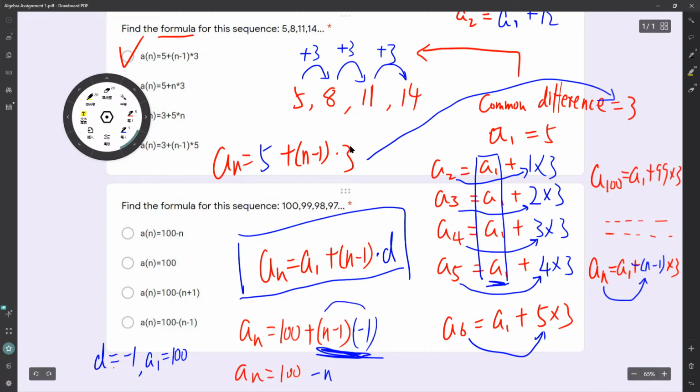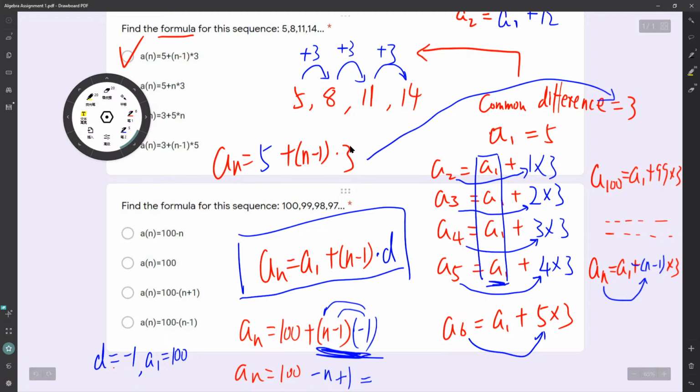So -1 multiplied by the two numbers inside. -1 times n is -n. The -1 times -1 is going to be a positive one. And therefore, we have AN equals 100 subtract n plus 1. 100 plus 1 is 101.